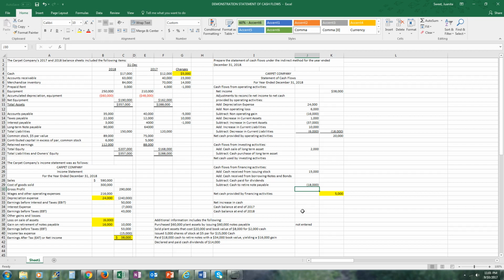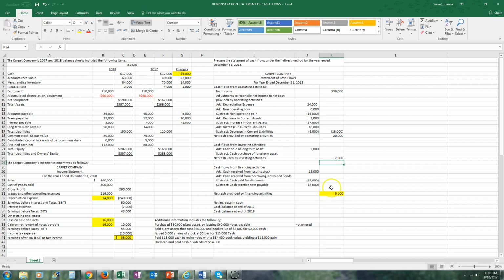We're only looking for the cash. Finally, with our additional information, it says we declared and paid cash dividends. So we're going to subtract the cash. So we'll add up the investing activities. And we see it's only the $2,000.